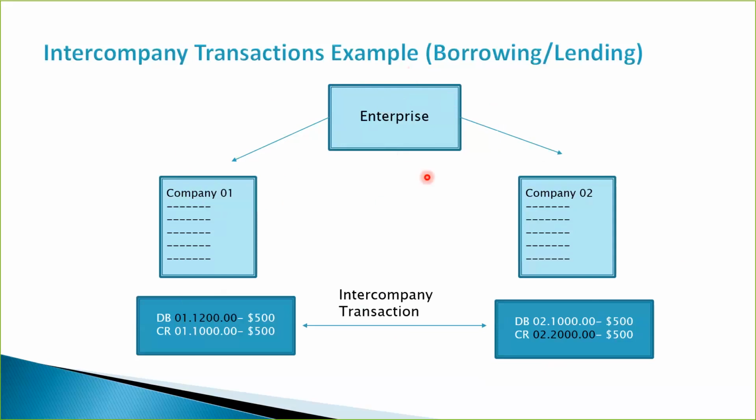Now, for the sake of optimization of operations, you might want to split these two companies, because they have grown really big and you need more people to manage. At the beginning, maybe you had this enterprise with one CEO or maybe one board of directors or something like that.